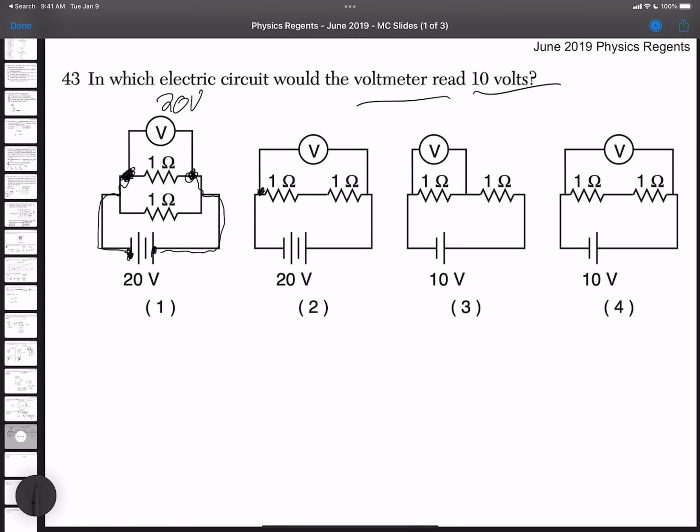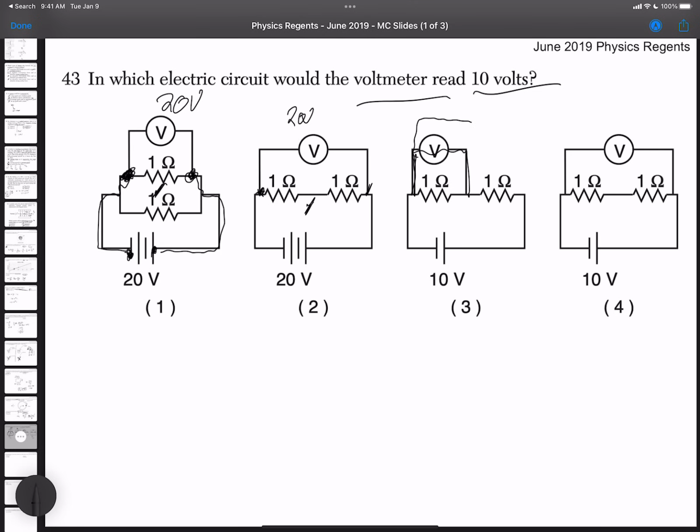Very similar as you see in situation 2. The resistors are connected differently. This one is in parallel, and this one is in series, but the potential difference would be the same. In option 3, what we see here is we are measuring the potential across just one of the resistors.